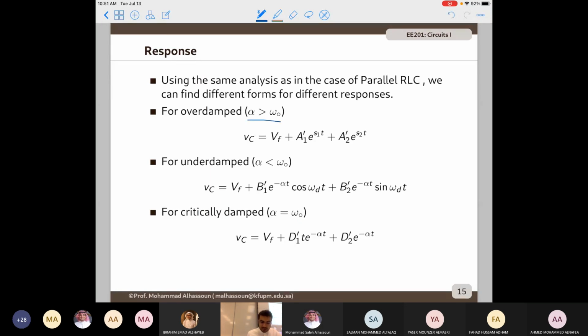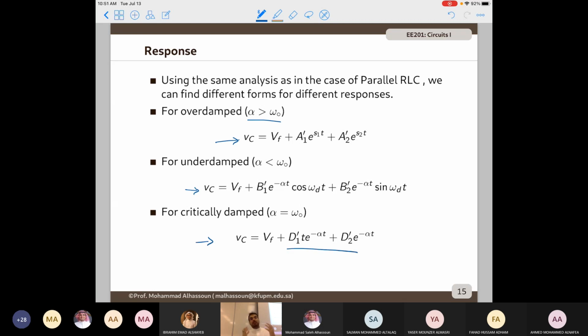So if we have an overdamped response, then the response will be the final value plus whatever response we used to have for overdamped. Similarly, if we have an underdamped response, we'll have the final value plus whatever response we used to have for underdamped. And if we have critically damped, it's going to be exactly the same.